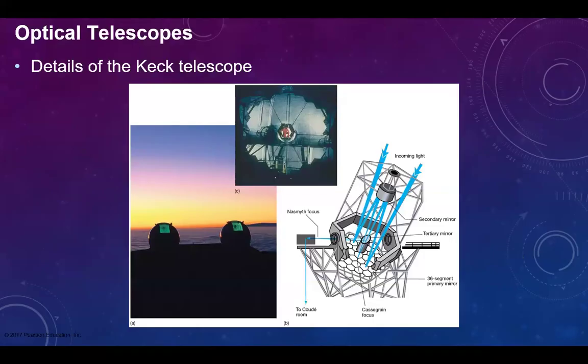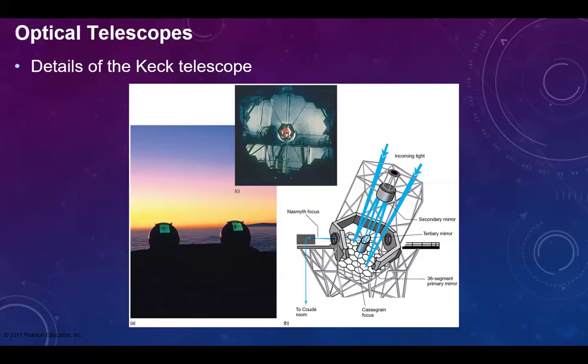So here's an example. This is the CFHT telescope in Hawaii. It has both a Cassegrain focus and a Nasmyth focus. So the incoming light comes in, bounces off the large mirror, which is so big they actually made it as 36 separate segments.